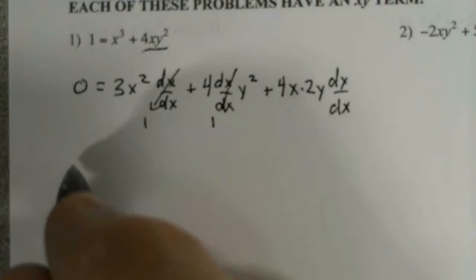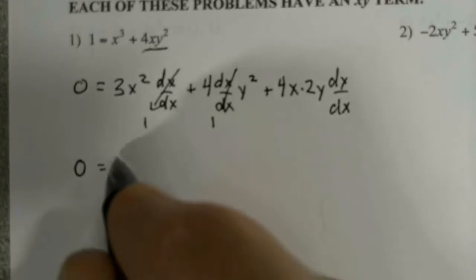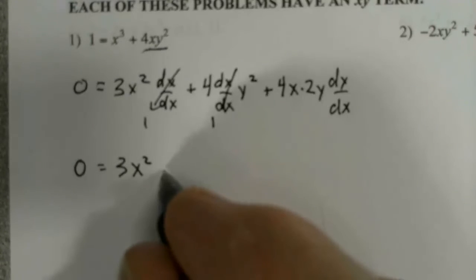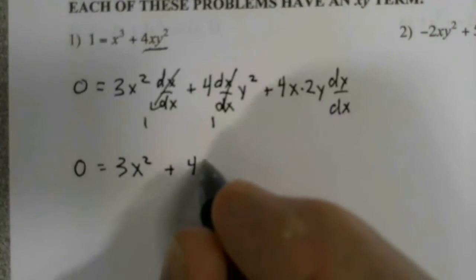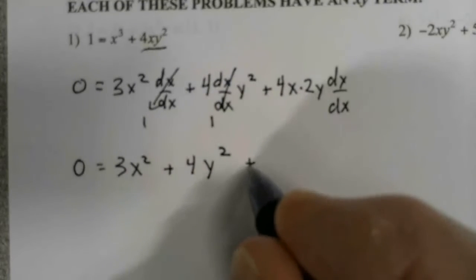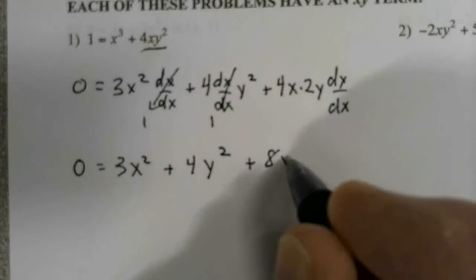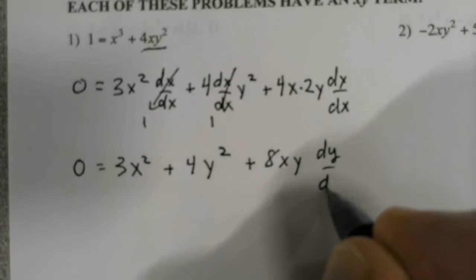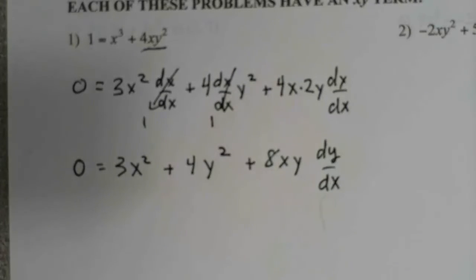So I've got 0 on the left side. This is a 3x squared plus 4y squared, and this is plus 8xy dy dx.